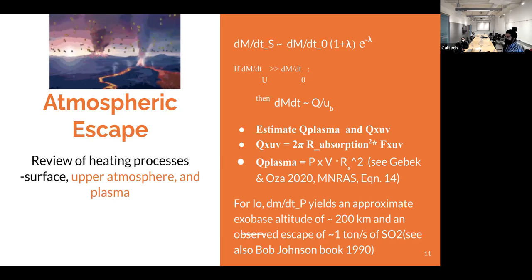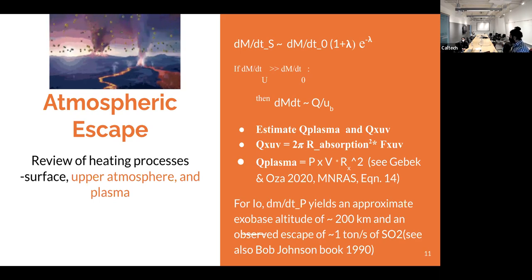You can either have Q plasma or Q XUV, the plasma heating or the XUV heating, which you can calculate just by taking the absorption cross-section on the day side atmosphere, especially if it's tidally locked. The night side won't experience that. And then, of course, the XUV flux, which you can ascertain if you have knowledge of the X-ray luminosity or the EUV luminosity.